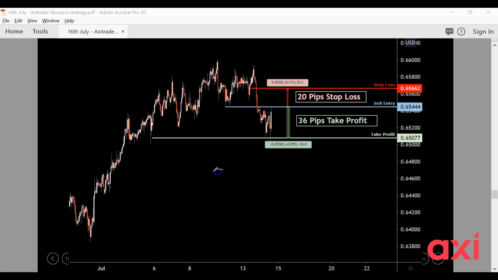The first one was 90 divided by 50. The second one is 36 pips of profit divided by 20 pips of stop loss. What is your answer? Just take out your calculators and calculate. If you're on Google, you can just type it out.